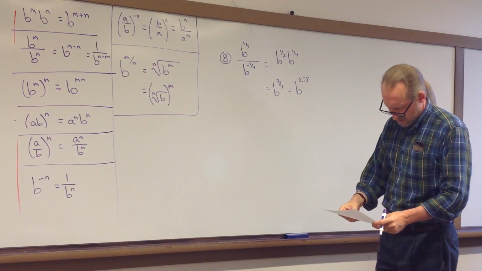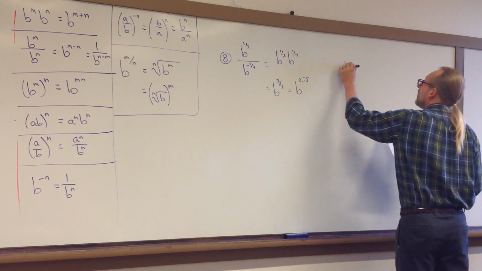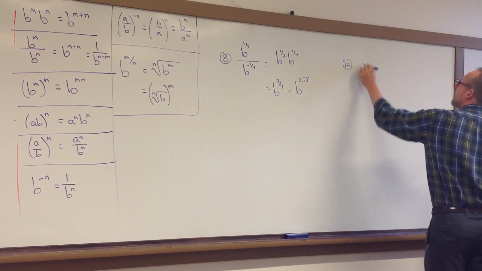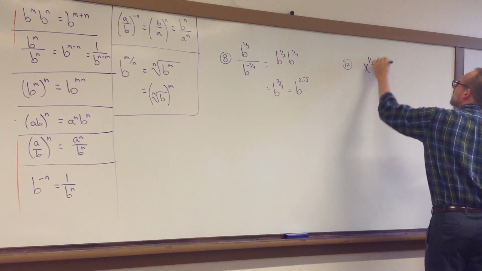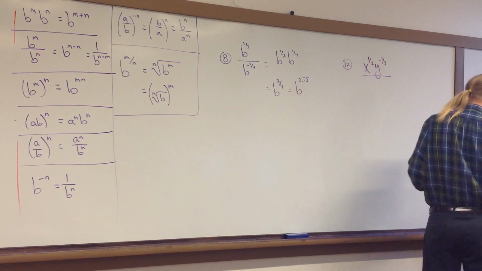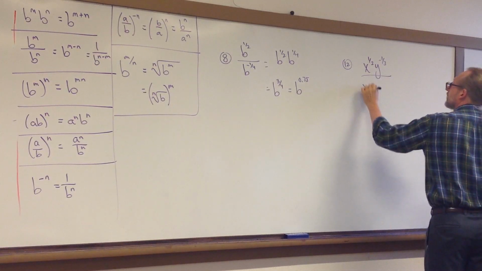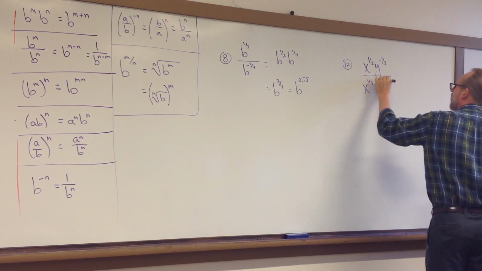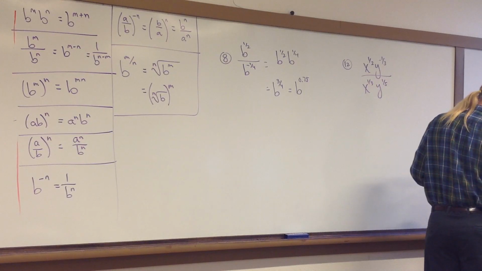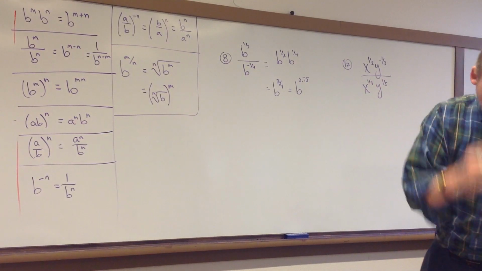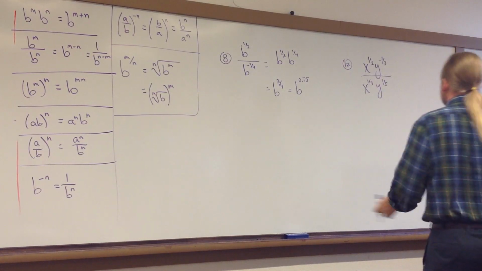Okay. Let's look at 12. Problem 12, what do we have here? X to the 1/2, y to the minus 1/3 on top, and then x to the 1/3, y to the 1/5 on the bottom. Okay. Well, as always, there's a variety of ways to approach this problem.